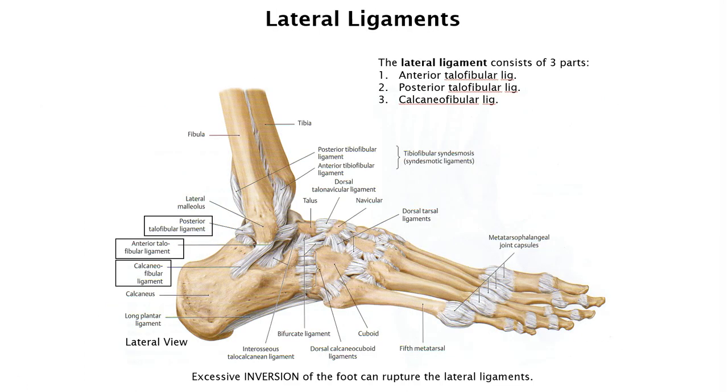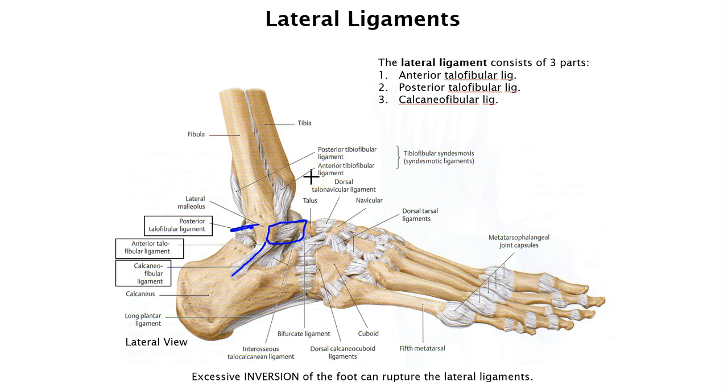Laterally, the ankle has 3 primary named ligaments. You should know the names of these ligaments since they are individually sprained. All 3 of them end with the term fibular. From posterior to anterior, they are the posterior talofibular ligament, seen here, the calcaneofibular ligament, seen here, and the anterior talofibular ligament, seen there.